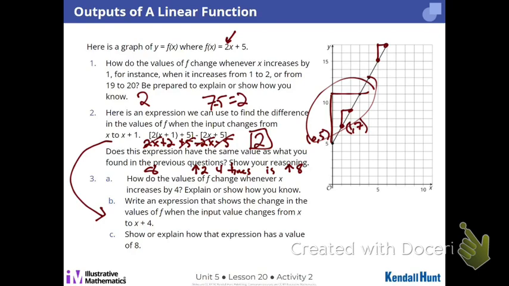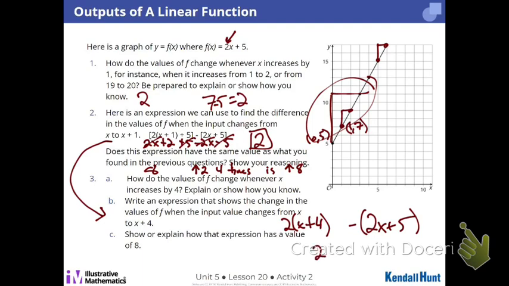Now b, the expression was a little different than the original. I'm still going to take away my 2x plus 5. That's going to be what I subtract. But my second point is not just 1 more than the original. My second point is how many more? 4. 4 more. So my point needs to be 2 times (x plus 4) plus 5, minus (2x plus 5).